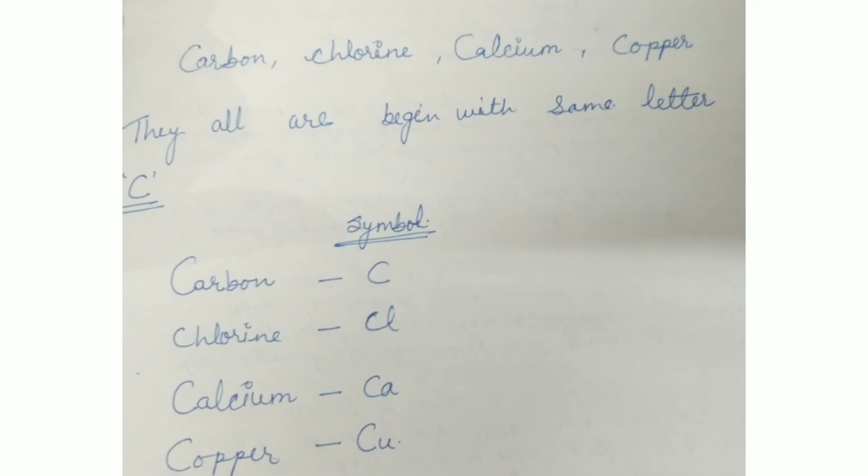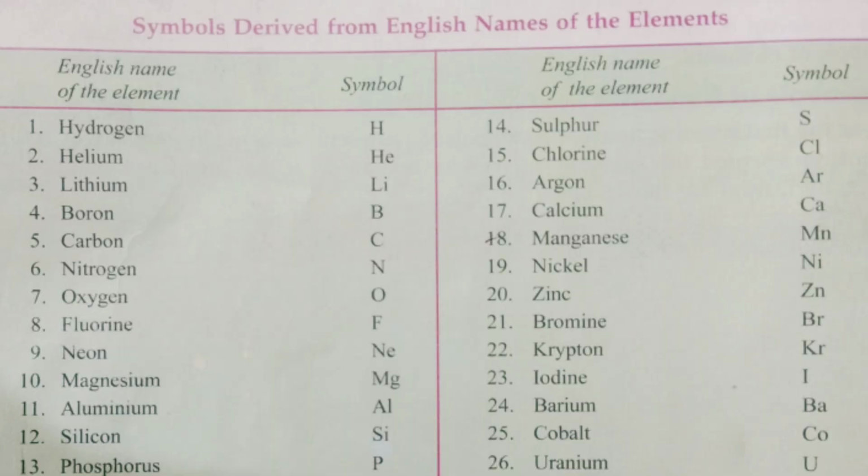A few elements start with the same letter, like carbon, copper, chlorine, calcium; these begin with the same letter C. So J.J. Berzelius used the first letter for one element and two letters for the other elements. He had used the symbol C for carbon, Ca for calcium, Cl for chlorine, and Cu for copper.